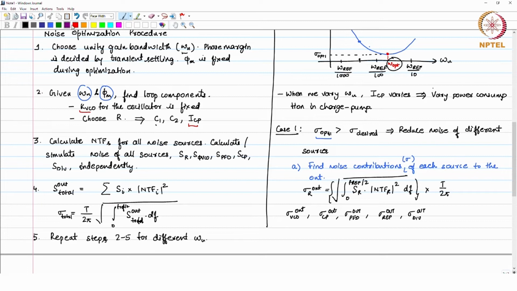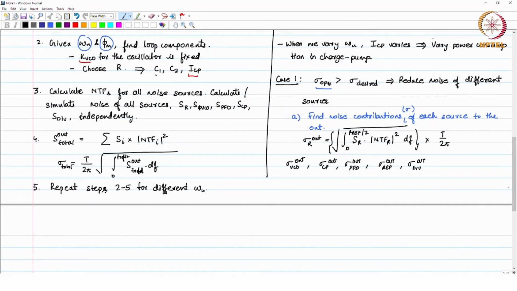See, if you want to reduce the noise of any component, then you should know whether that noise is dominant or not. It may turn out that the resistor noise is dominating, because we chose the value of the resistor randomly to begin with, 1K, 2K, whatever you would like. If you choose a large value of the resistor, its noise is going to dominate.